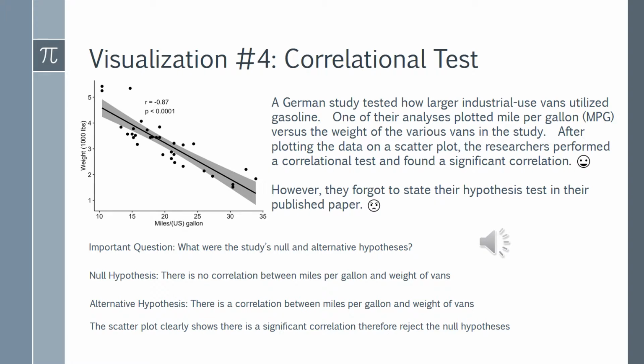After visualizing the scatter plot or graph, I do see a significant correlation along the line below and above. So I stated my null hypothesis to be there is no correlation between miles per gallon and weights of various vans, and my alternative hypothesis as there is a correlation between miles per gallon and weight of various vans.